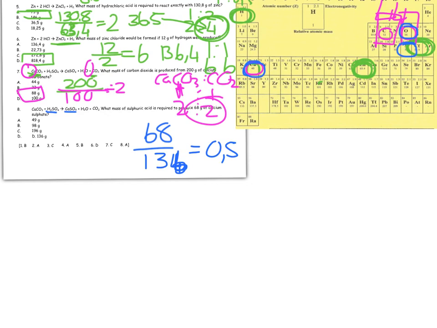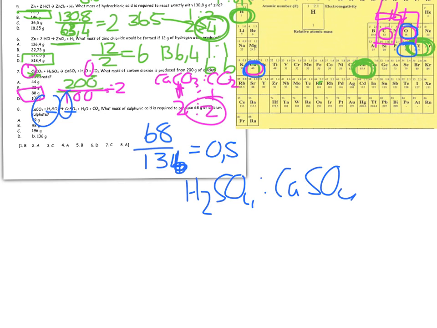Now we want a relationship between sulfuric acid and calcium sulfate. And good news, it's a 1:1 ratio. And therefore, if I've got 0,5 of calcium sulfate, it means I've got 0,5 of sulfuric acid.